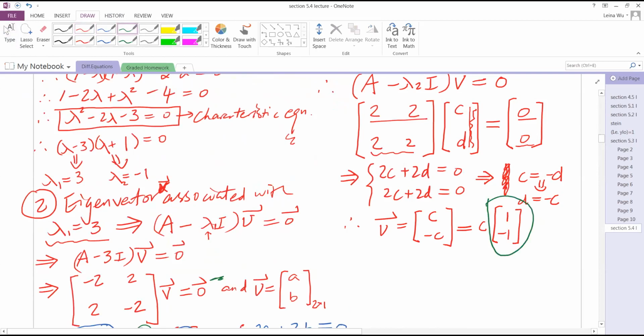And all of these are eigenvectors associated with lambda equals -1, right? Is that good?